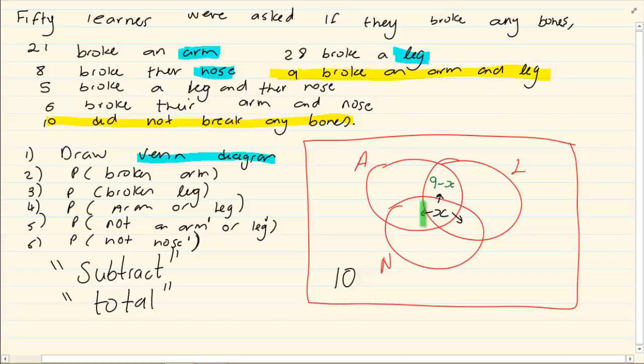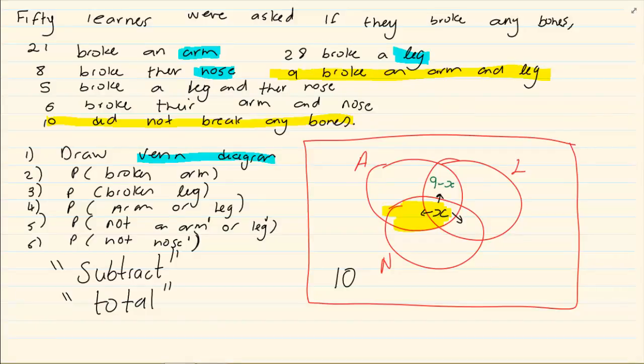Let's look at this one. We need this area, because remember I told you you work outwardly, right? So we need an arm and a nose. And here they tell us that 6 broke their arm and nose. Now again, you know the entire area is 6.